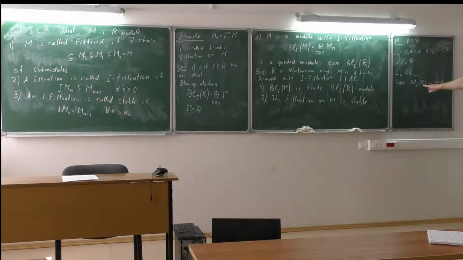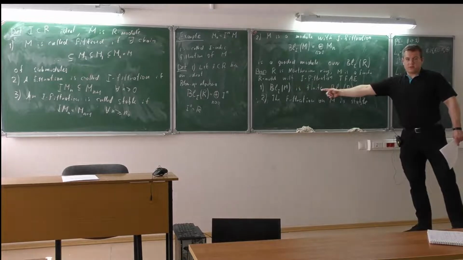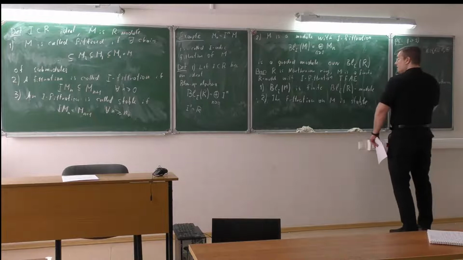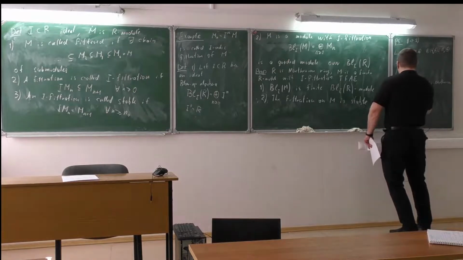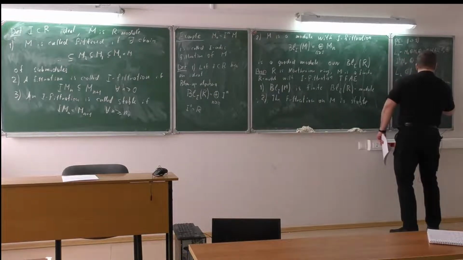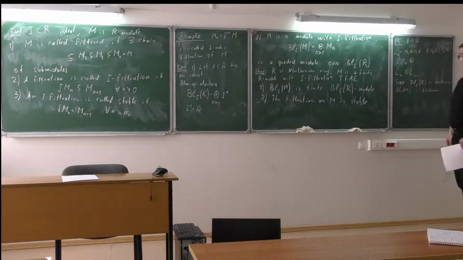So the blow-up algebra is Noetherian. The module is finite, so this is Noetherian. Since this is Noetherian, the blow-up I of M is Noetherian. Here I used that this module is finite.